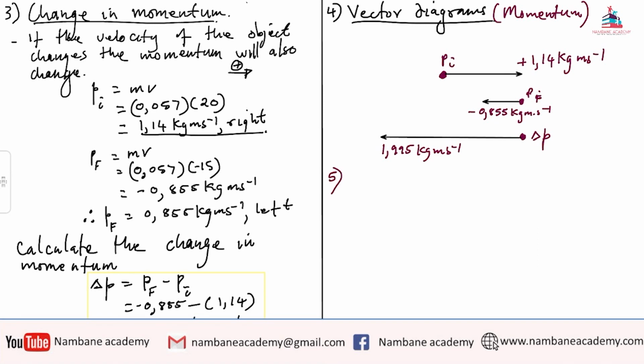Immediately at number 5, I can add velocity versus time graph. Why velocity versus time graph, ladies and gentlemen?